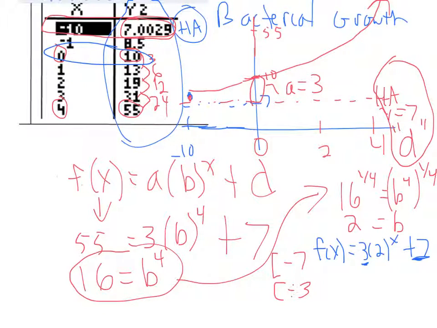So 3 that can reproduce and 7 that can't, and then the 2 refers to the base of the function, and that means it's doubling every time period, which for us is 1 hour. So that's how you generate exponential functions from data or from a graph.